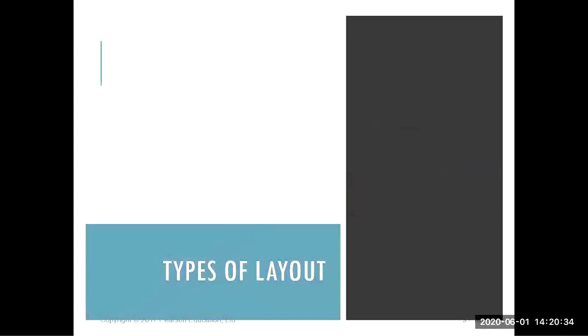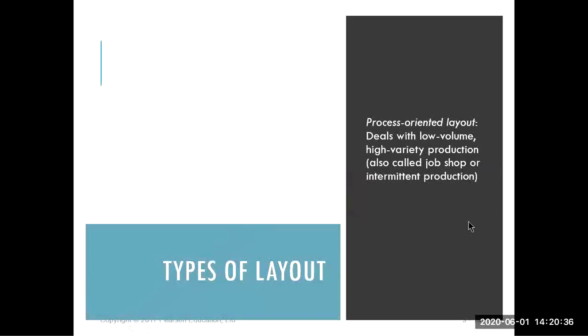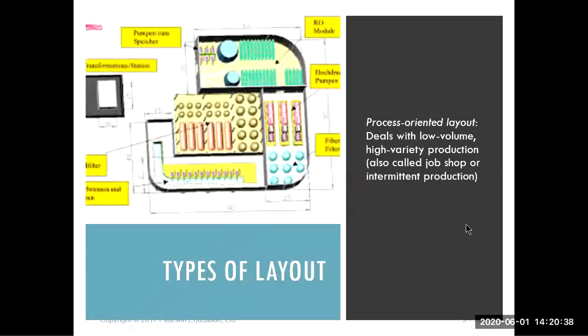Next, process oriented layout. You design based on process. You group a certain process in a certain area. One process you put in one area, a different process in a different area.